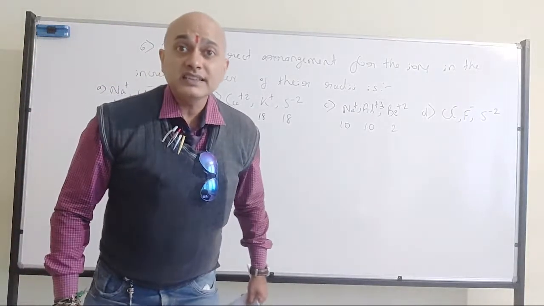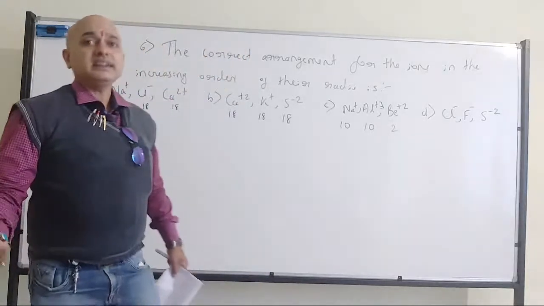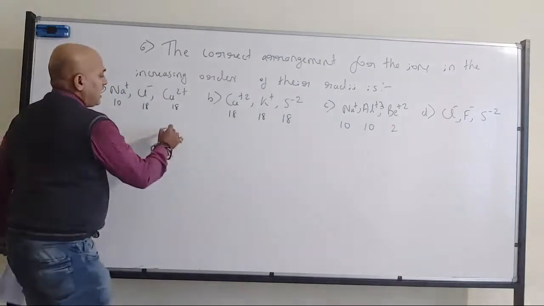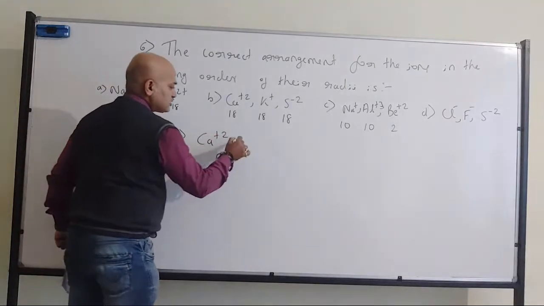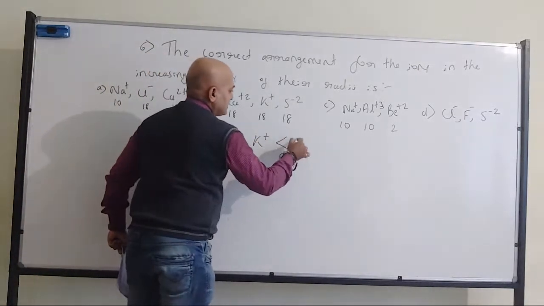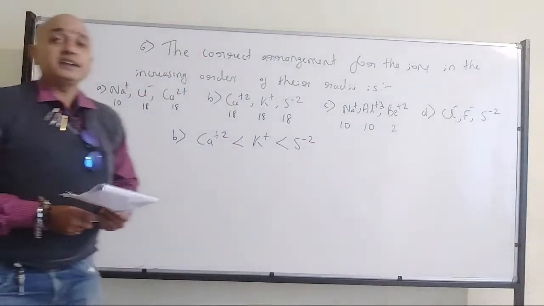As there is an increase in the negative charge, ionic radii is going to increase. So that's what we can see. Naturally, the answer should be option B, where calcium plus 2 will be of smaller size compared to K plus, which will be of smaller size compared to sulfide.